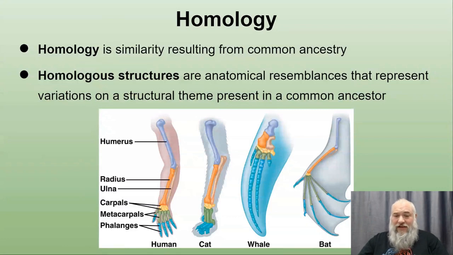What's much more likely, and what evidence and evolutionary theory support, is that there was a common ancestor that had this basic structure, and then over time natural selection worked on that basic structure and, depending on the environment, tweaked it a little bit, right? A little bit longer bone or a little bit wider bone or a little bit different angle on the joint may have given them some advantage in the environment, and eventually we wind up with a grasping hand, a running foot, a flipper, and a wing. Pretty cool.